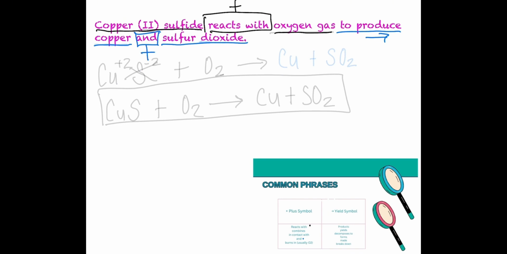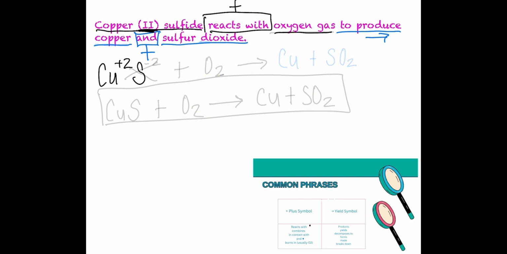Now I'm going to write my element symbols and oxidation numbers if necessary. Copper has an element symbol of Cu with the oxidation number of +2. This Roman numeral lets me know that this is my oxidation number for copper, my transition metal.